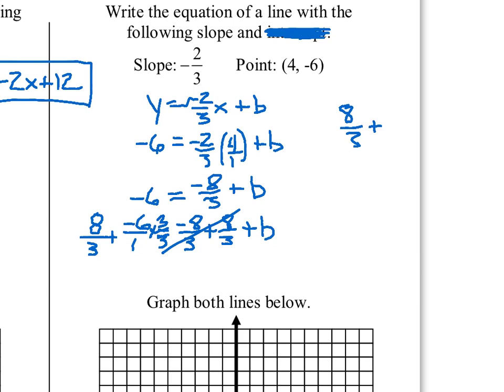So that's going to give me, multiplying by 3 over 3, negative 18 over 3. Fernando, like signs add or opposite signs subtract? Opposite signs subtract, so I'm going to get 10 over 3 is equal to b.